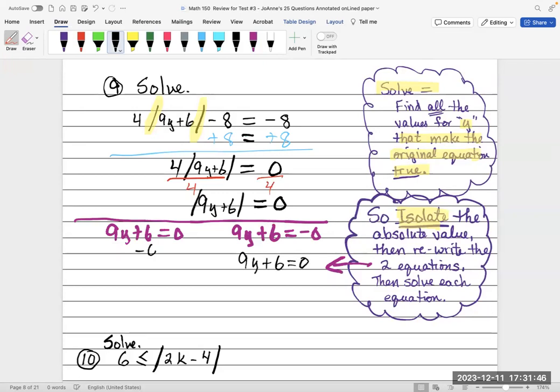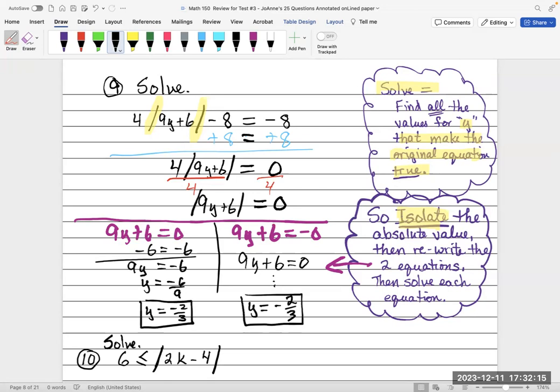And I'm already solving that over here. 9y is the same thing as negative 6. Divide both sides by 9. Always reduce your fractions. So I would have negative 2/3. And if I solve this, I would have the same thing. Y is negative 2/3. So it happens to be the same answer.